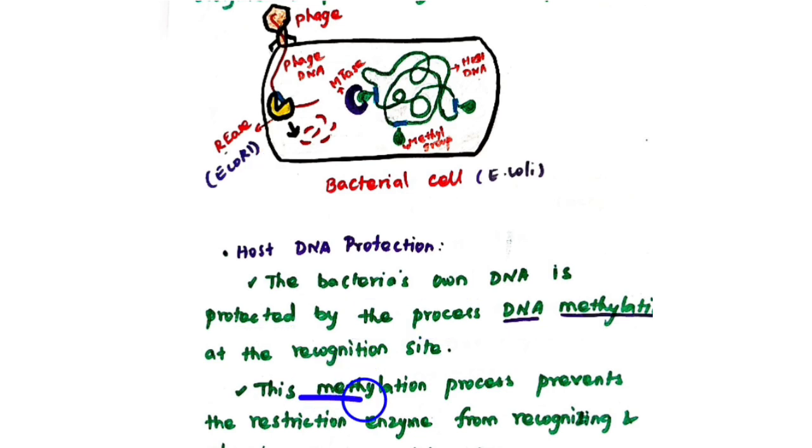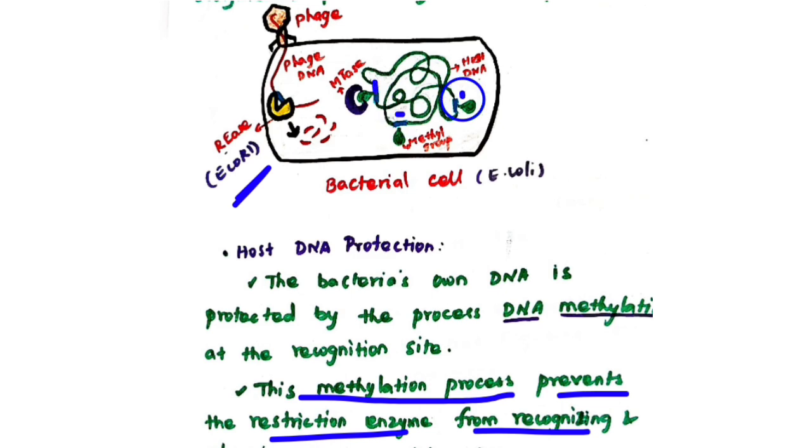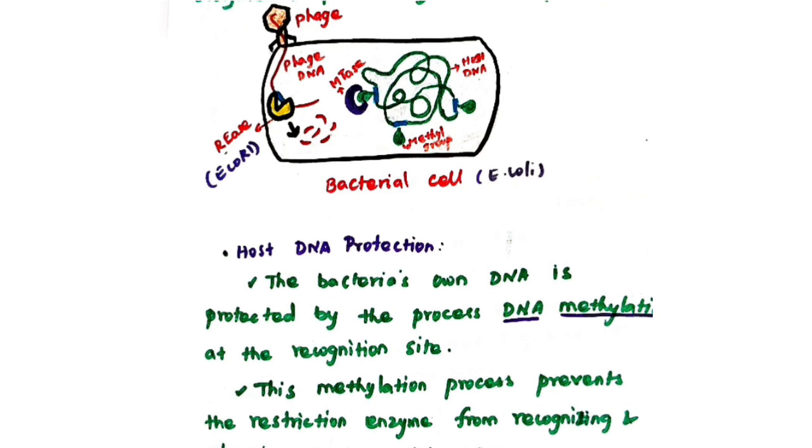This methylation prevents the restriction enzyme from recognizing and cleaving the restriction site present in the bacteria's own DNA. In the DNA methylation process, methyl transferase, a special enzyme, adds a methyl group to the restriction site present in the own DNA, thereby preventing the restriction enzyme from recognizing and cleaving this site.